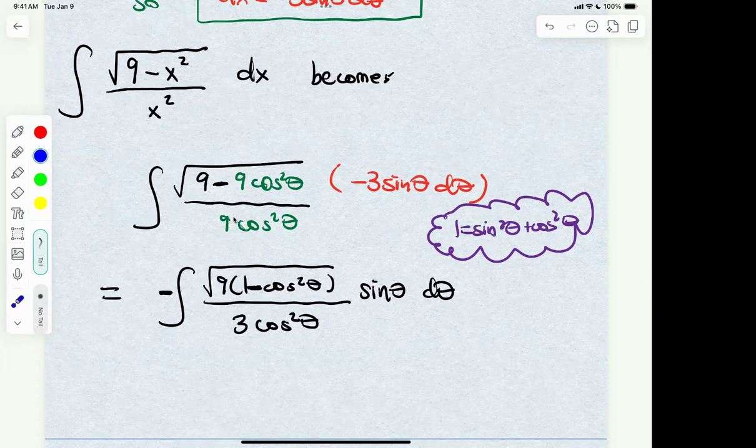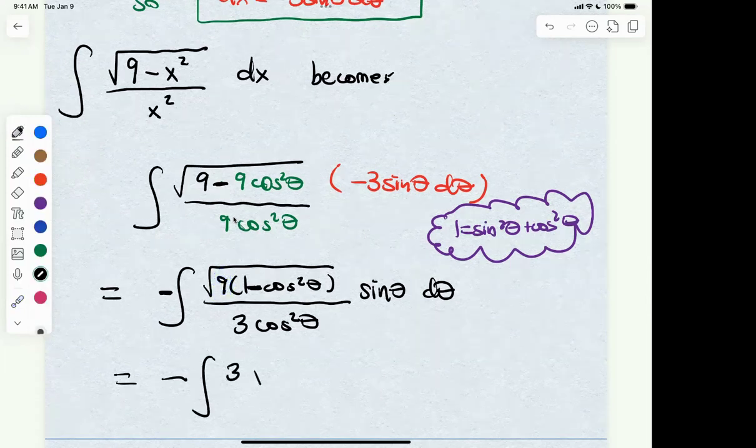First, this 9 can come out of the square root as a 3, and then 1 minus cosine squared, because of the key identity, is sine squared of theta.